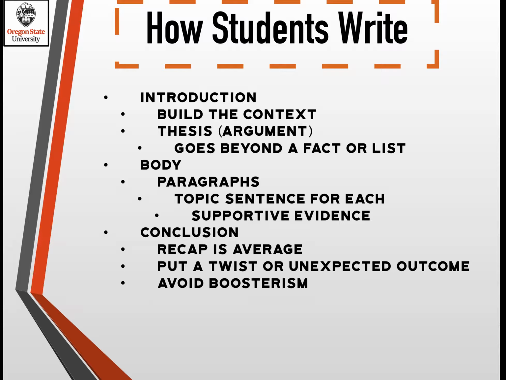And then your conclusion. I know a lot of times students are told, tell the reader what you just told them, but that can be kind of average. I think in general on your conclusion, you should try to put a twist or share why this is slightly unexpected, or a little bit different than what the general person might think of the topic. And you should try to avoid boosterism in your conclusion.